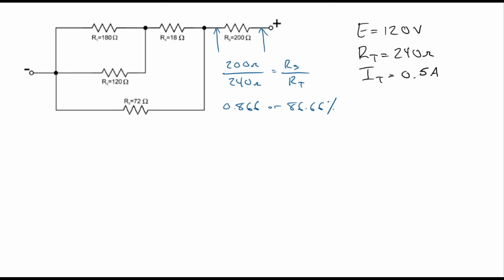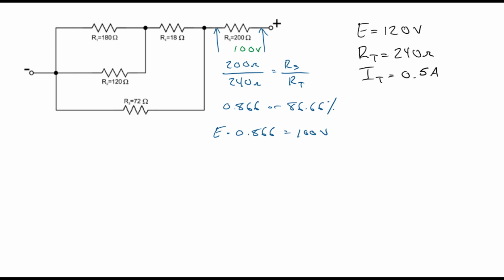That means it has to take 86% of the voltage. So then I just take my source voltage, multiply it by my percentage, which is 0.866, and that equals 100 volts. So I know the voltage across R5 is 100 volts.